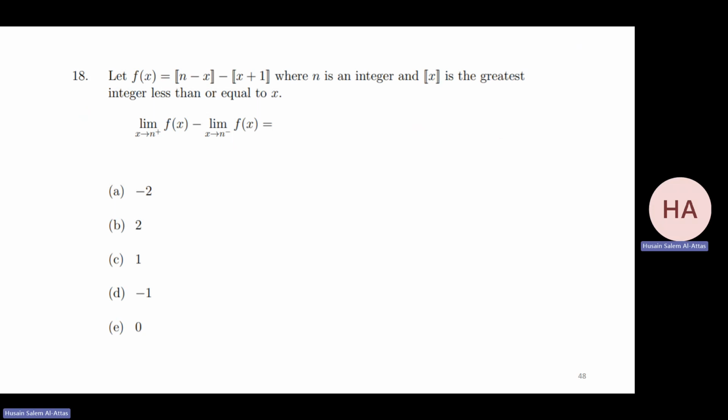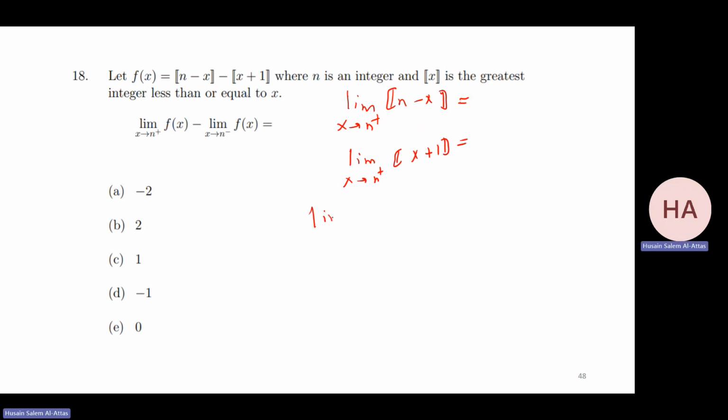This one needs some careful calculation. So I need to do it step by step. I will do 4 things. The limit x goes to n from right of this part, equal to what?